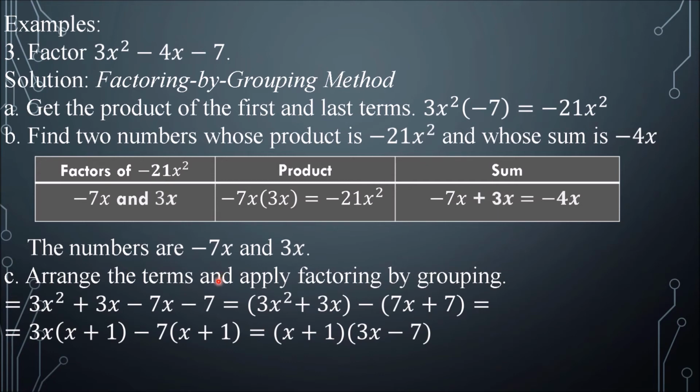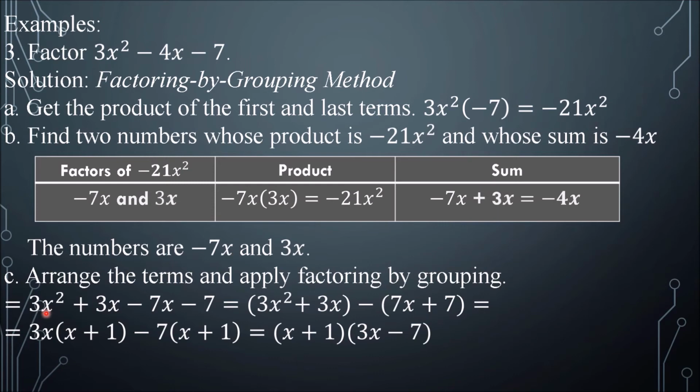Because if we use negative 7x, 3x squared minus 7x has no common factor with the second group, which is 3x minus 7. Therefore, we will use 3x first before negative 7x.